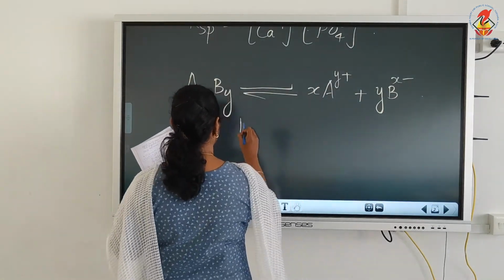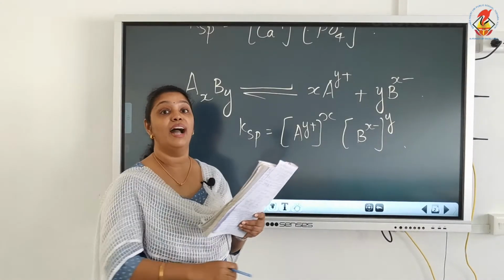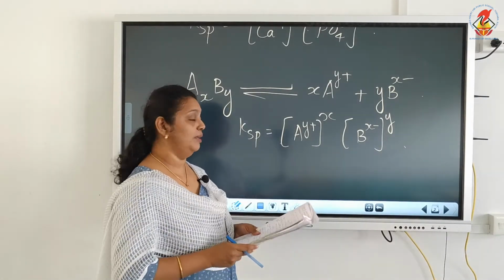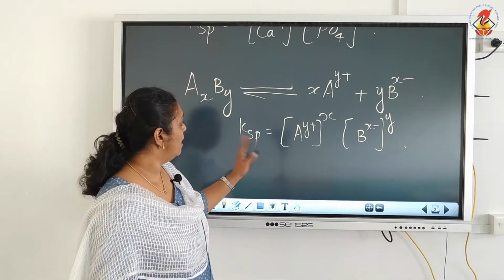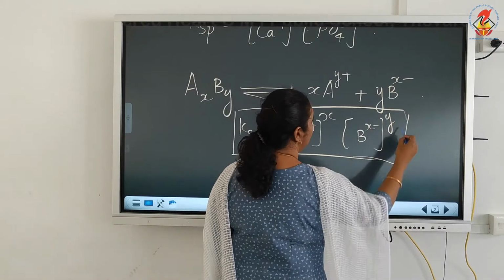KSP will be equal to the concentration of A raised to Y plus, raised to X, into B raised to X minus, raised to Y, where X and Y represent the number of ions in the electrolyte. This is how we can represent the general expression for solubility product.